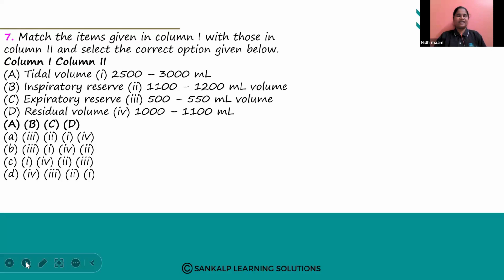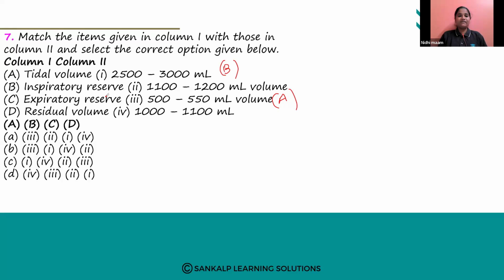Okay, let us check the answer here. The right answer is option B. See here, tidal volume, that is 3, 500 to 550 ml. So this is A. Then we have one, that is inspiratory reserve, which will be always 2500 to 3000 ml.